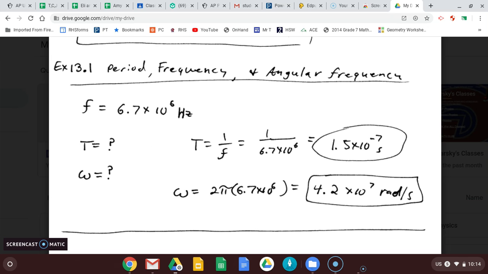So we take the inverse of the frequency, and again, as long as the frequency is in hertz, that will give us the time period in seconds. This is a ridiculously small number for time period since there are so many cycles occurring per second. And this just represents big T, the time period, the amount of time it takes for one full cycle. So one full cycle of oscillation for this system is 1.5 times 10 to the negative 7th.